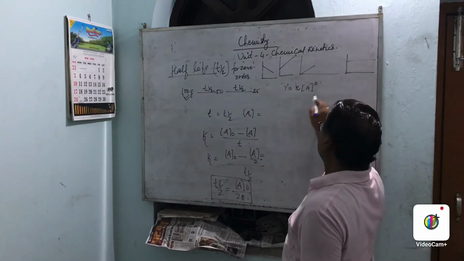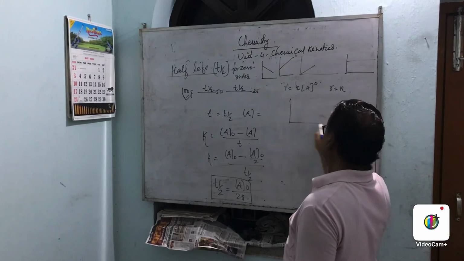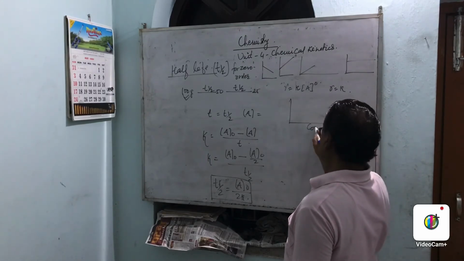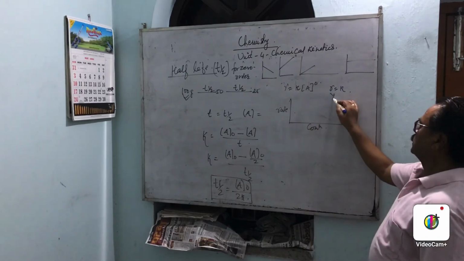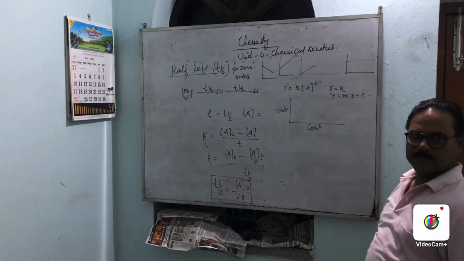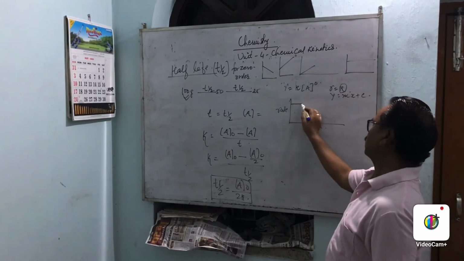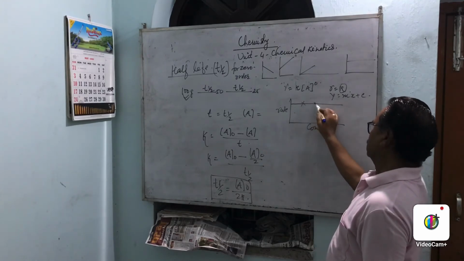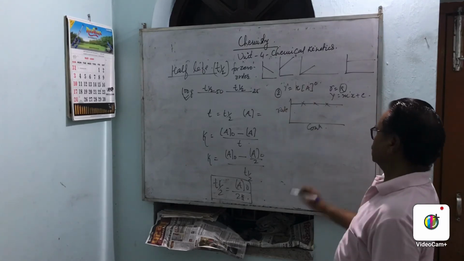So we plot the graph between rate versus concentration, where rate is equal to K. So what will be the nature of the graph? y is equal to mx plus c. Here K is a constant, which means the graph goes parallel to the axis. So this is the second graph, between rate versus concentration.